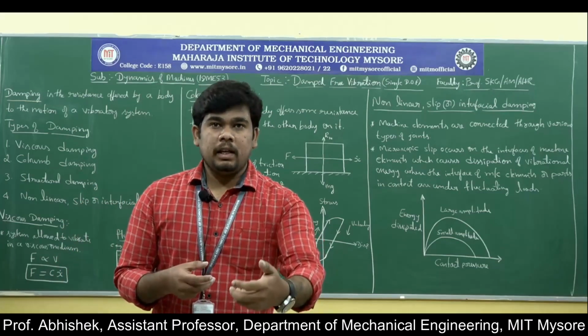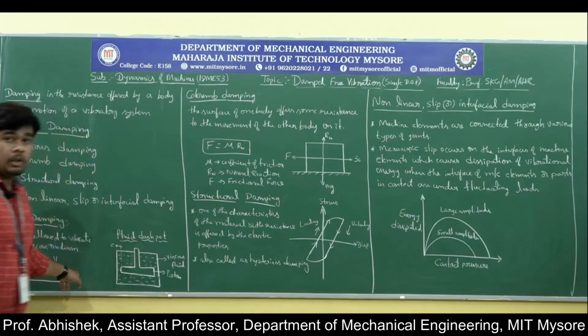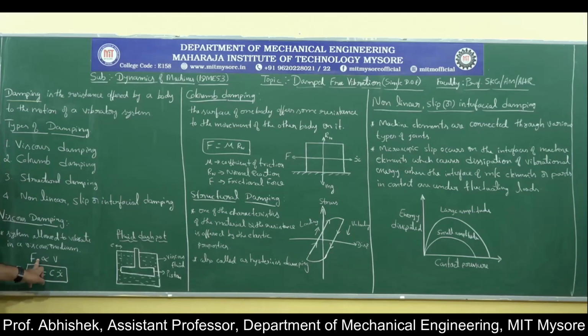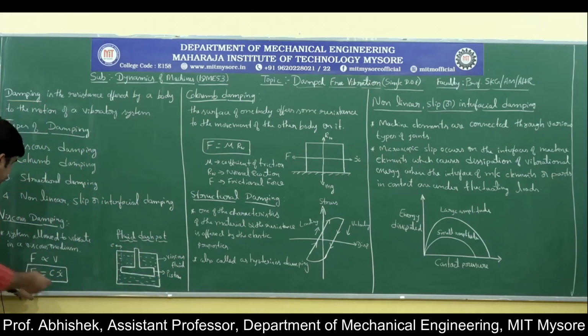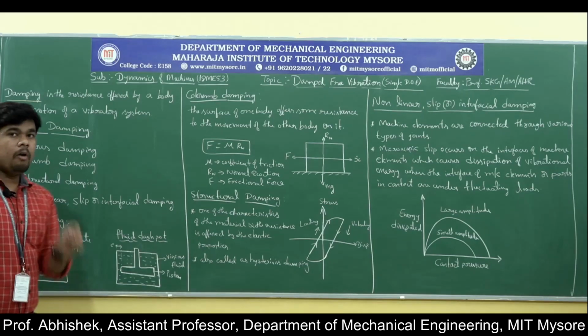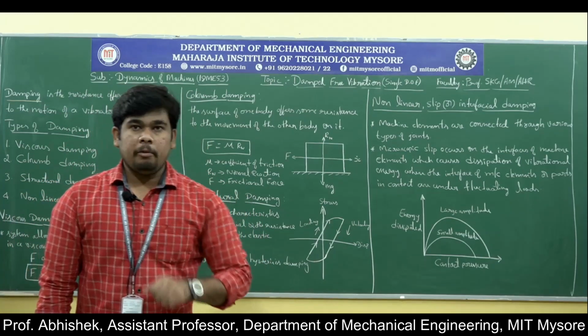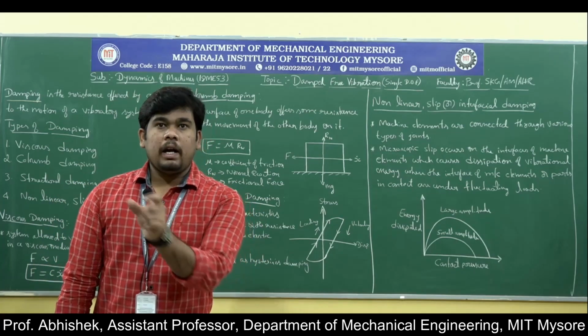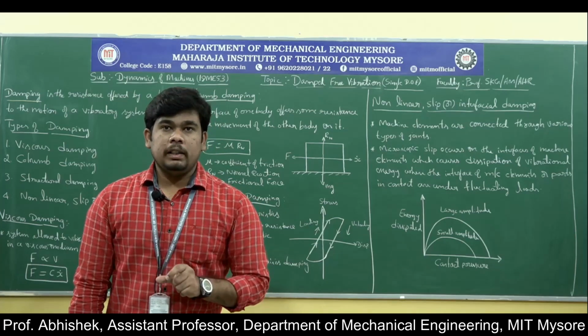So that force of resistance is directly proportional to the velocity. That is why I have written F proportional to velocity. Force of friction is directly proportional to the velocity. So that will become F is equal to C into x dot. Here x dot is nothing but the velocity, as you have learnt in the previous topic, that is in the introduction to undamped free vibration. x dot and x double dot: x is the displacement, x dot is the velocity, x double dot is the acceleration.